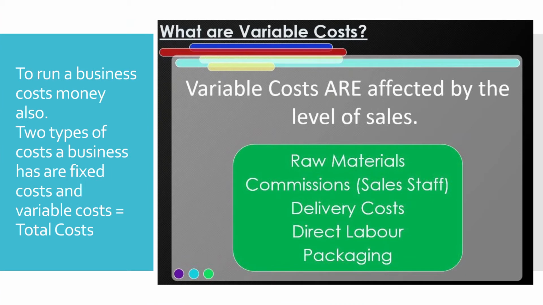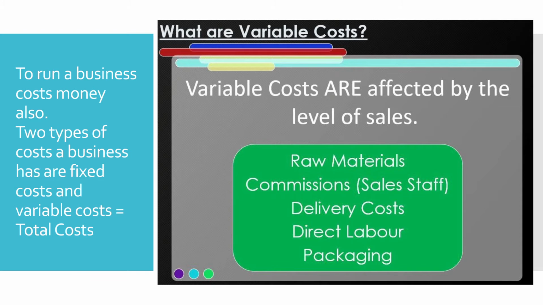The other type of cost that a business has is variable costs. These are affected by the level of sales. These are things like raw materials, so how much of a particular good or service you need to make your product. Commissions, if you've got sales staff.